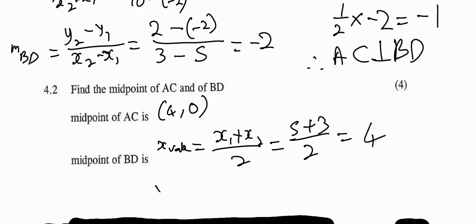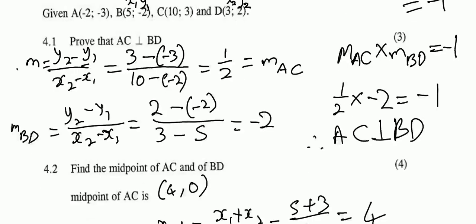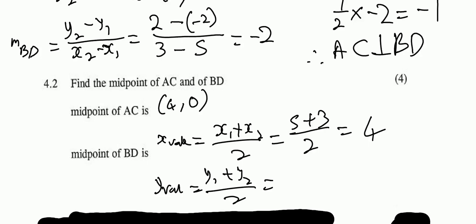Then the y value, the formula is y1 plus y2 over 2. Let's check our y1 and y2. In this case, our y1 is -2, our y2 is 2. So it's -2 plus 2 over 2, which will be 0.